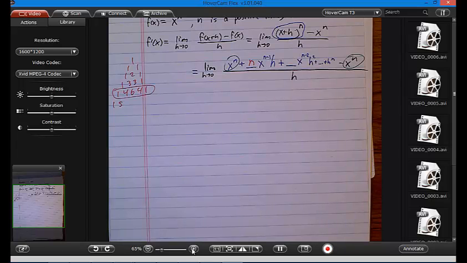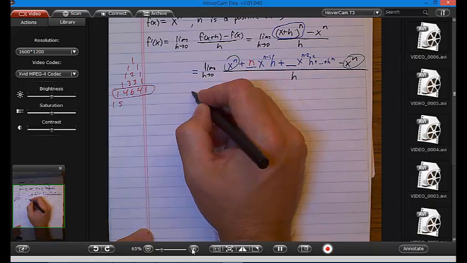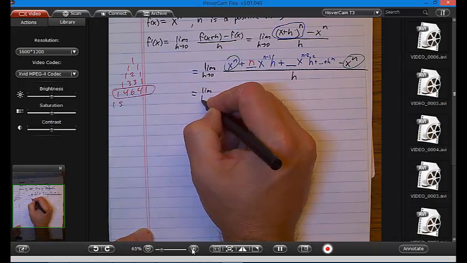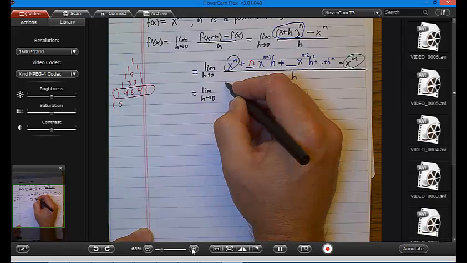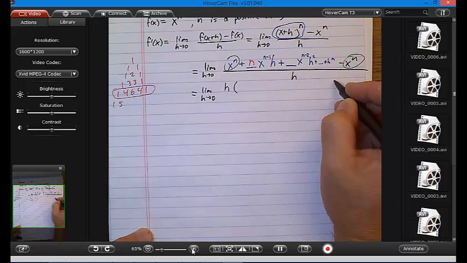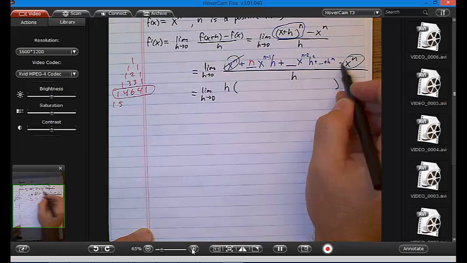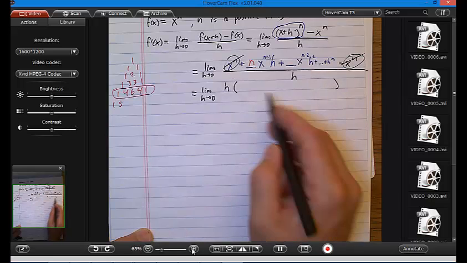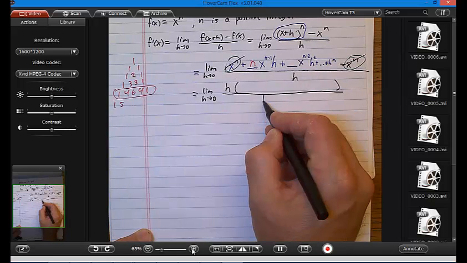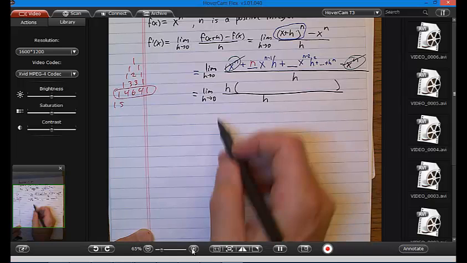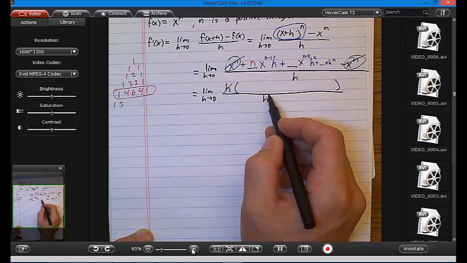They all have an h in them, right? And so what you do, you may recall, is factor out the h so we can cancel it. So we have the limit as h goes to 0 of h times, so that green stuff went away, but everything else had an h in it, which is great, because we'll factor out the h and then cancel it.